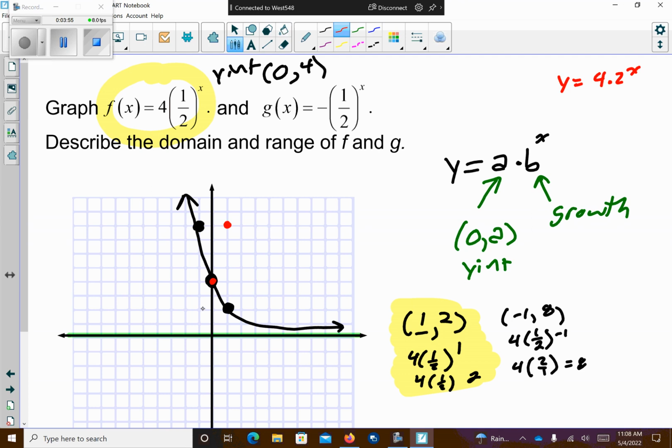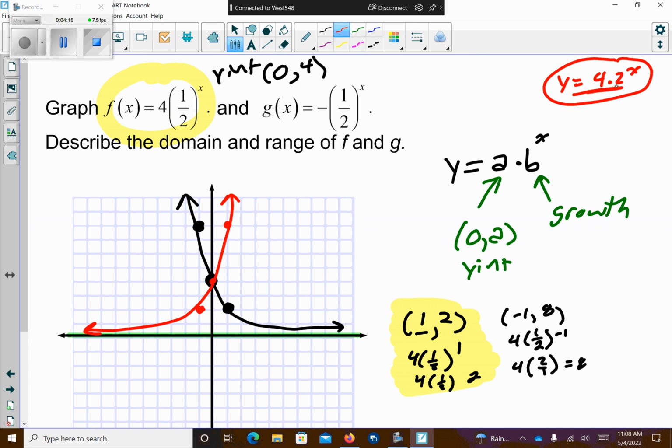This is what the original function would have looked like that we had done yesterday. Okay, so the red is the original from yesterday. The black is what just happened. And this is the equation I just graphed. So notice this current equation is red.